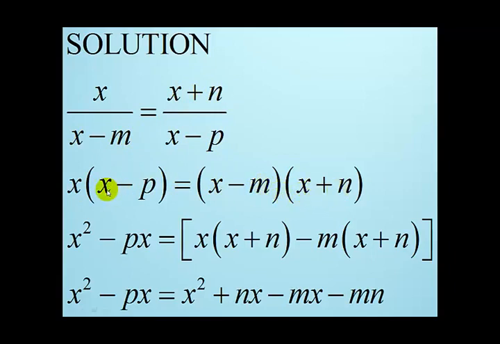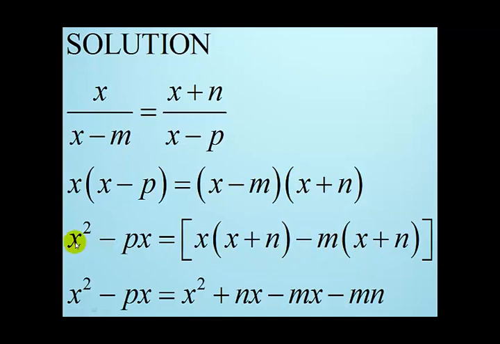Now let's expand. That is x times x is equal to x squared. x times minus p equals minus px. And this is equal to x multiplies the second bracket and minus m also multiplies the second bracket. So we have x multiplying x plus n, and we have minus m multiplying x plus n.